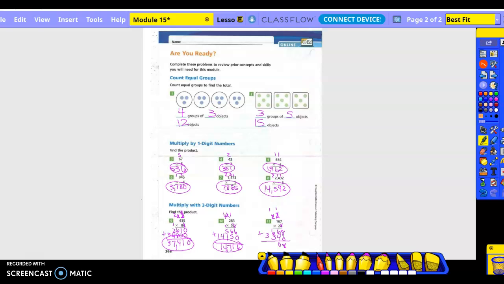So 8, 10, 1, 10, 1, and then 1 plus 3 is 4. So the answer is 4,018.